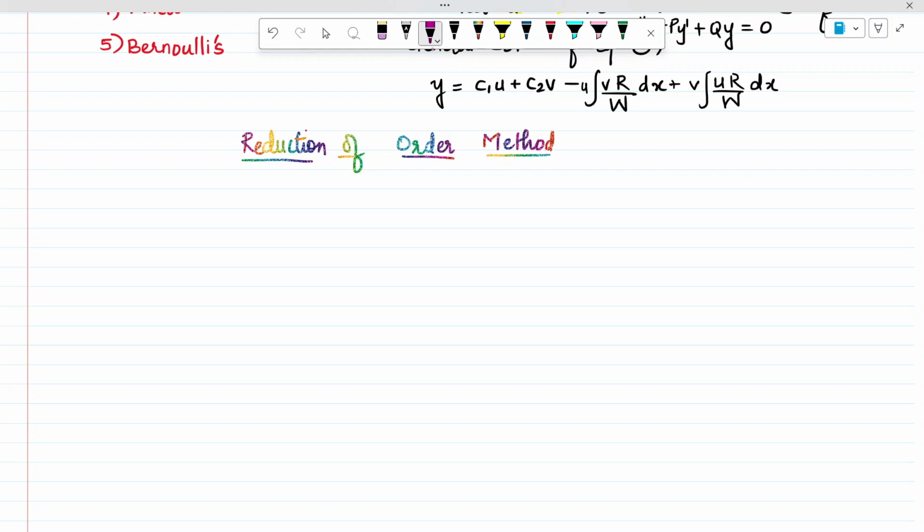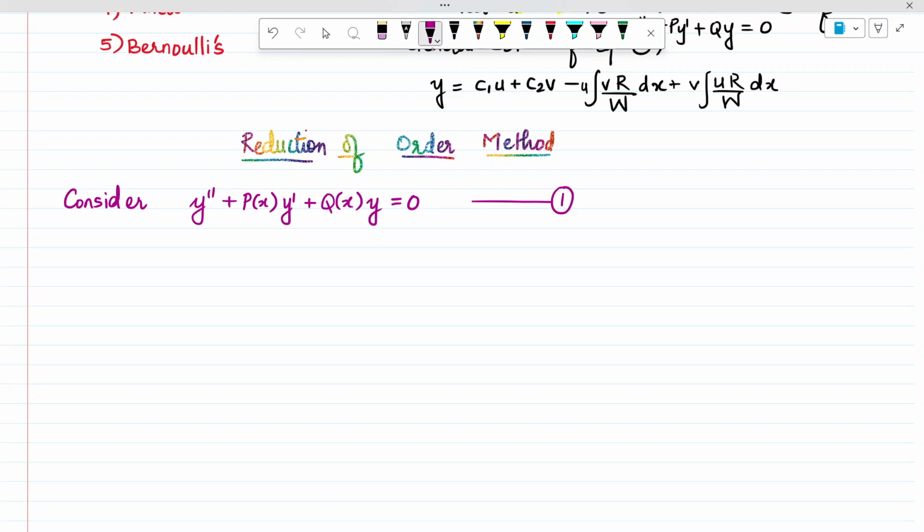Let's understand. So we will start with a second order differential equation with variable coefficients. So y double dash plus p of x y dash plus q of x times y equal to 0. Let me call this equation number 1. Okay.